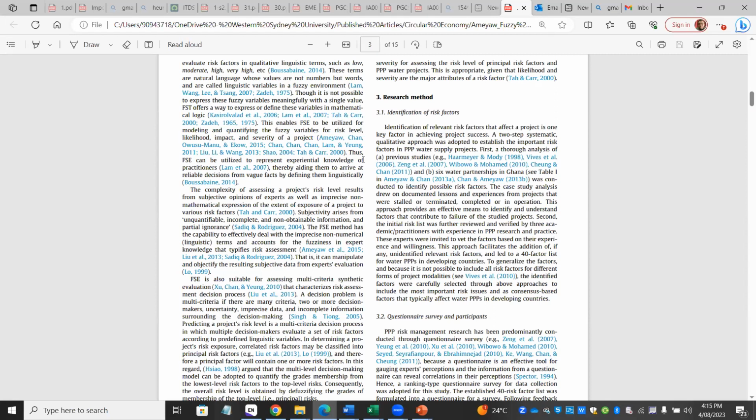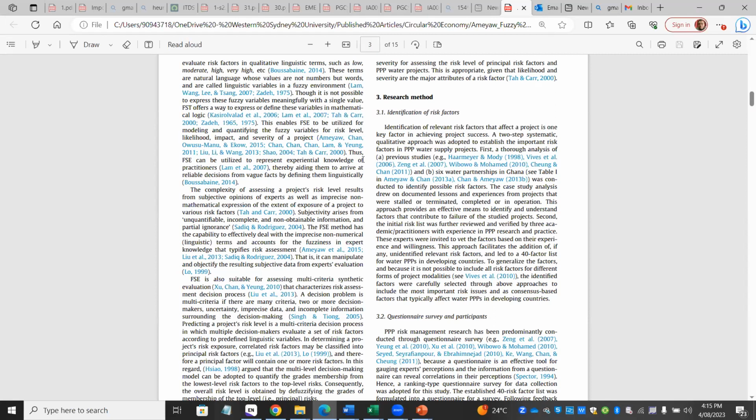The literature review papers that we have written so far, if you remember, we identified some factors. All the factors were not related to risk, but they are just good examples for you to understand how this is done.